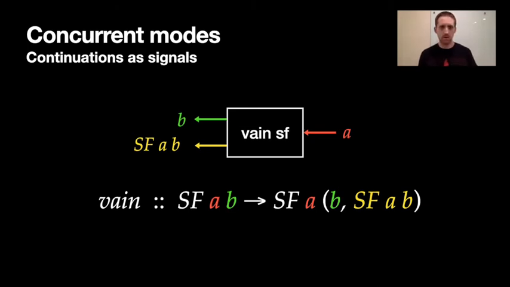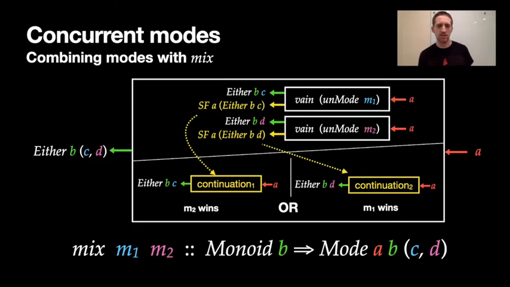And if we have that, then we can take two modes, apply vein to their representatives to get their continuously evolving state, and then capture that in an operator called mix, that will allow one to terminate and then the other to continue.